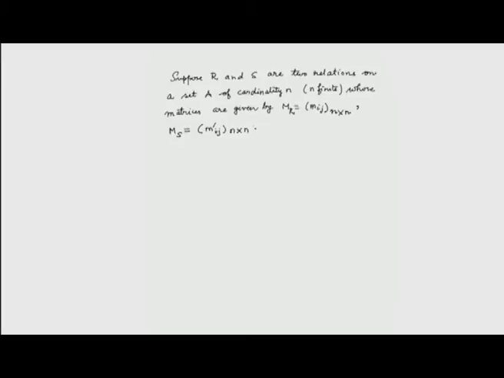Then we know that all these mij's and m dash ij's are elements of the set 0, 1, and on the set 0, 1 we have the usual operations OR and AND given by... this operation is known as OR and this operation is known as AND.